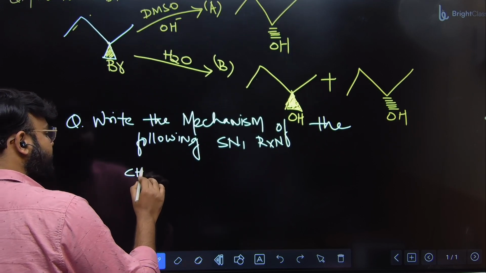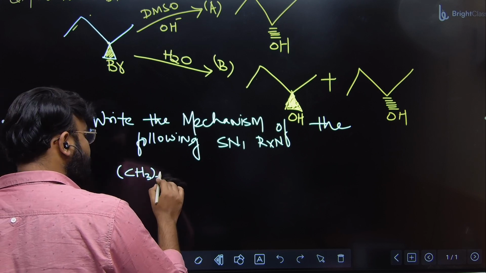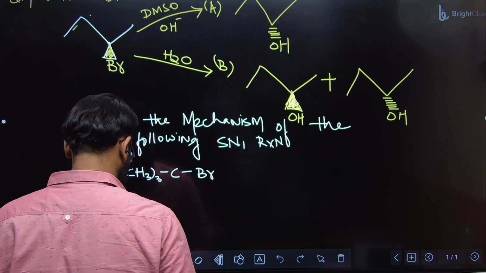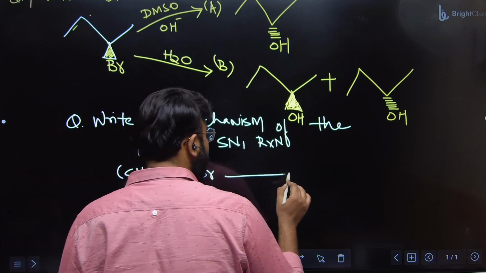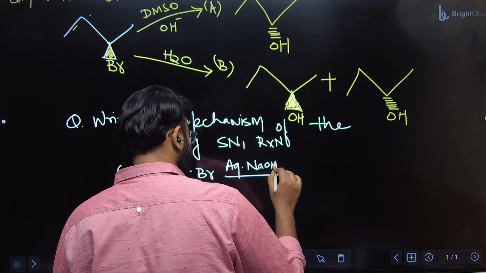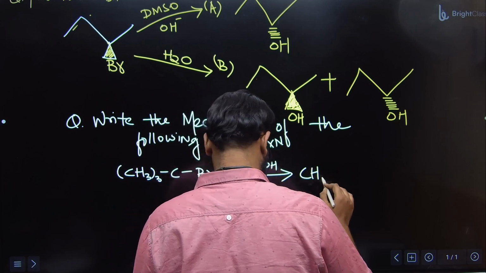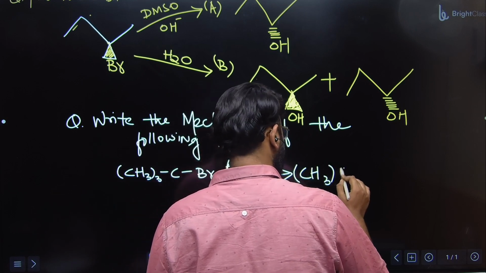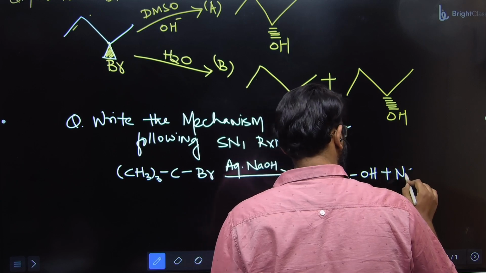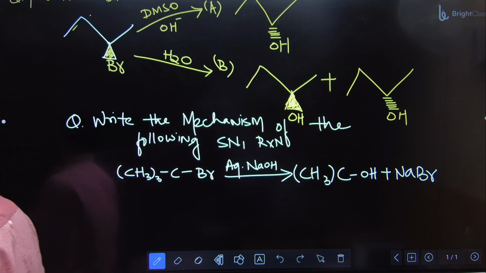So it is (CH3)3CBr gives, with aqueous NaOH, (CH3)3C-OH plus NaBr. So guys, one reaction is given, they are asking you to write a mechanism.